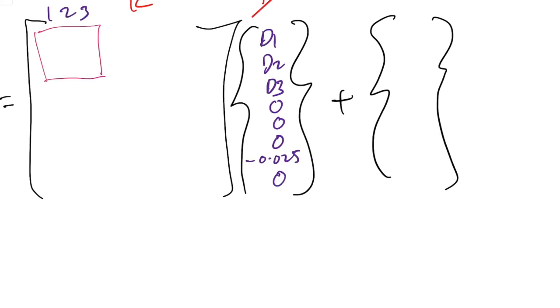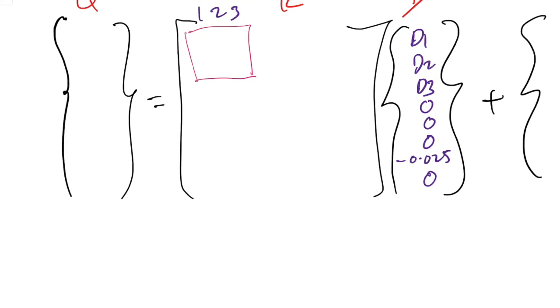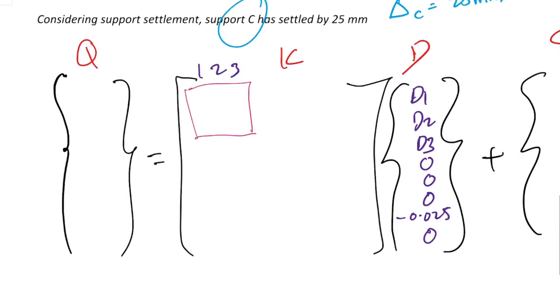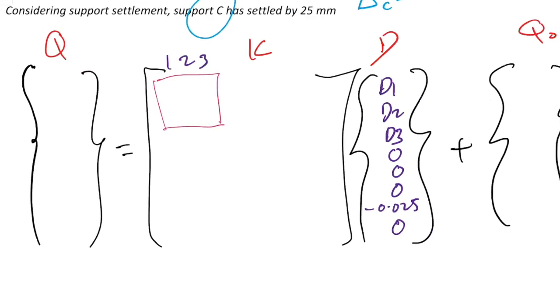So we need to put it at the DOF position which is the same position as the support that has the settlement effect. To answer this question, we must understand the characteristic of matrix multiplication.